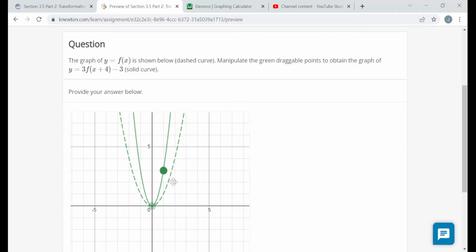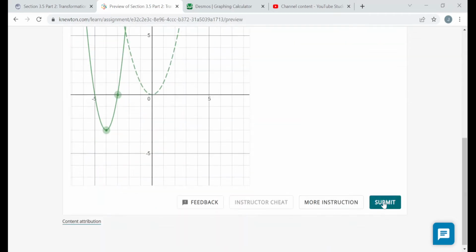So let's move this here to (1, 3). And then the minus 3 after is going to move everything down 3. And then replacing x with x plus 4, or x minus negative 4, moves everything to the left 4. And there you go. That's what the graph will look like after all the transformations have occurred.